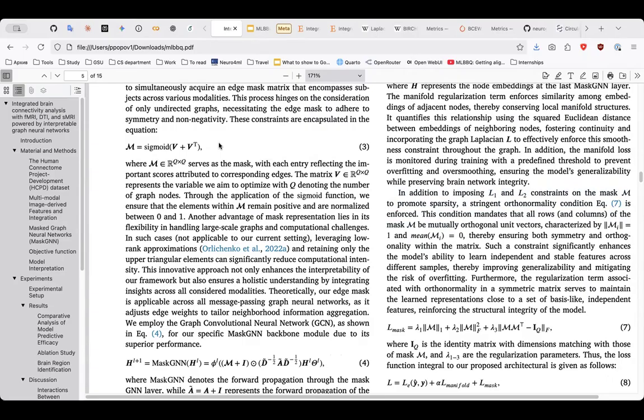Structural integrity. Well, anyways, did you say something else? Symmetry. Yeah, well, I didn't say anything. I just read what they say. They force symmetry by learning, but yeah.